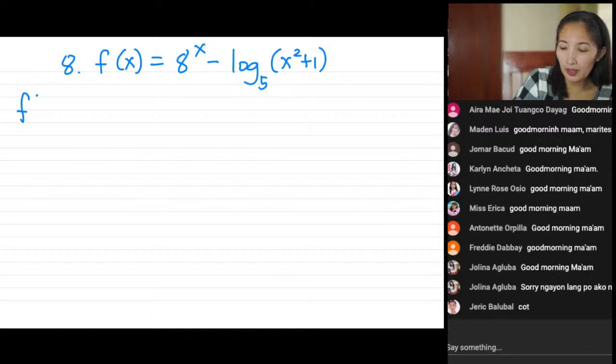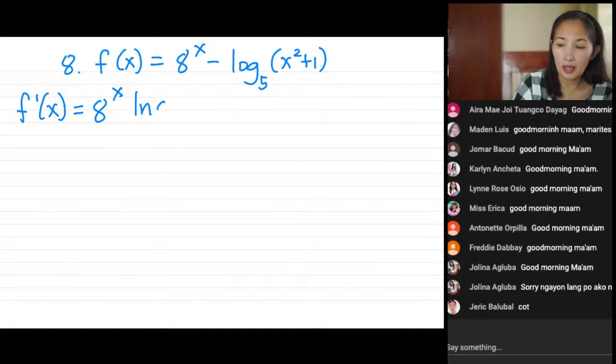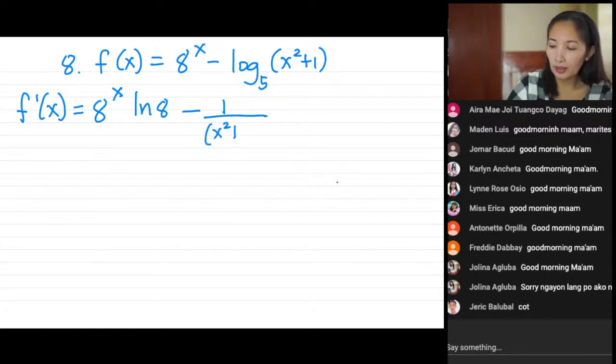The first term is exponential in form, a to the x. So its derivative is simply 8 raised to x times the natural logarithm of 8. Minus, the second takes the form logarithm of u to base a. So its derivative will simply be 1 over x squared plus 1 times the natural logarithm of 5, times the derivative, which is 2x.